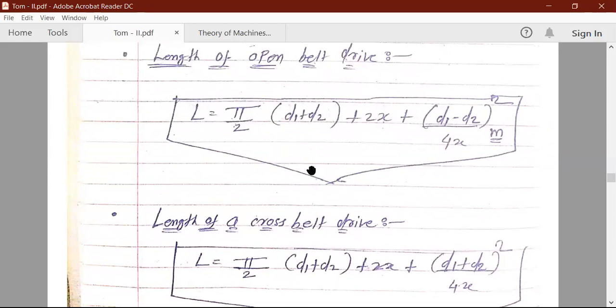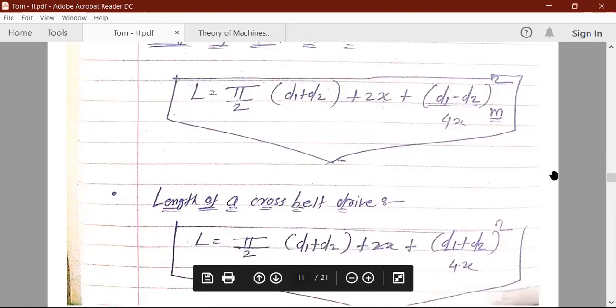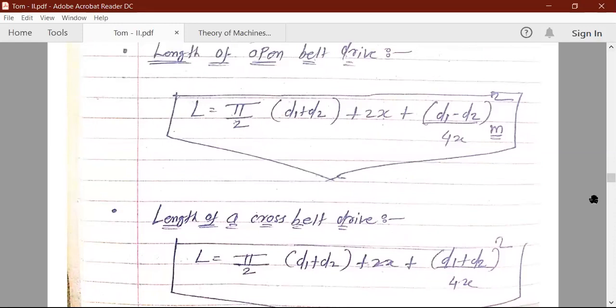cross belt drive. Here I have already mentioned the formula of length for open belt drive as well as for cross belt drive. These formulas are derived from equations, but that derivation is not part of your syllabus, and it is not going to be asked in your final examination.